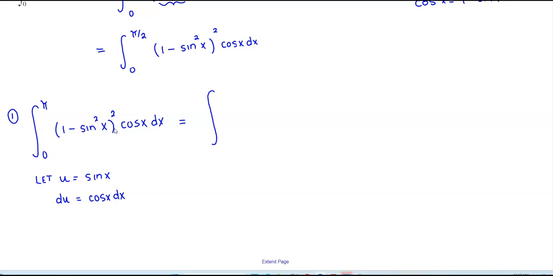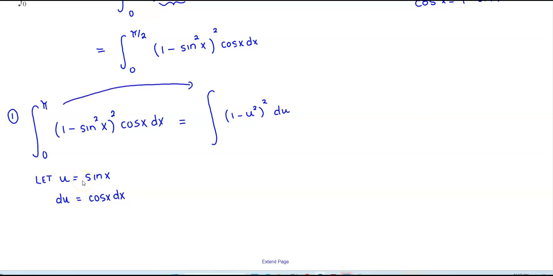So let's do that. We have 1 minus u squared, squared, times du. The next thing we want to do is change our upper and lower limits according to what we defined u to be.